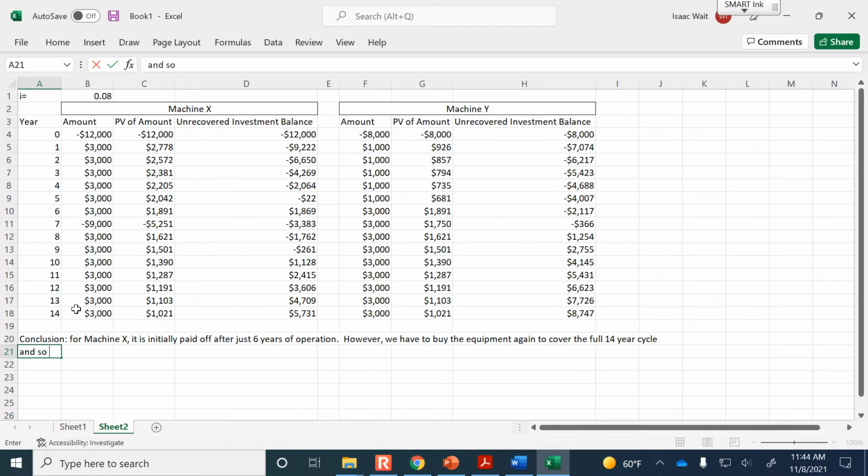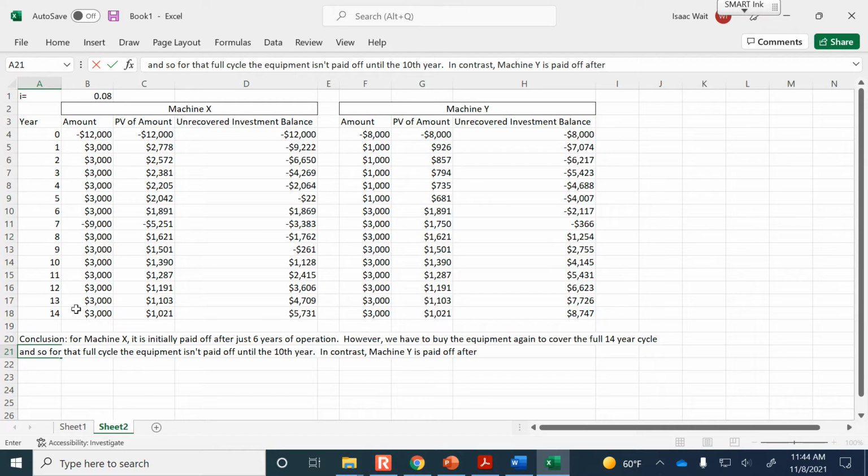And so for that full cycle, the equipment isn't paid off until the 10th year. In contrast, machine Y is paid off after 8 years.